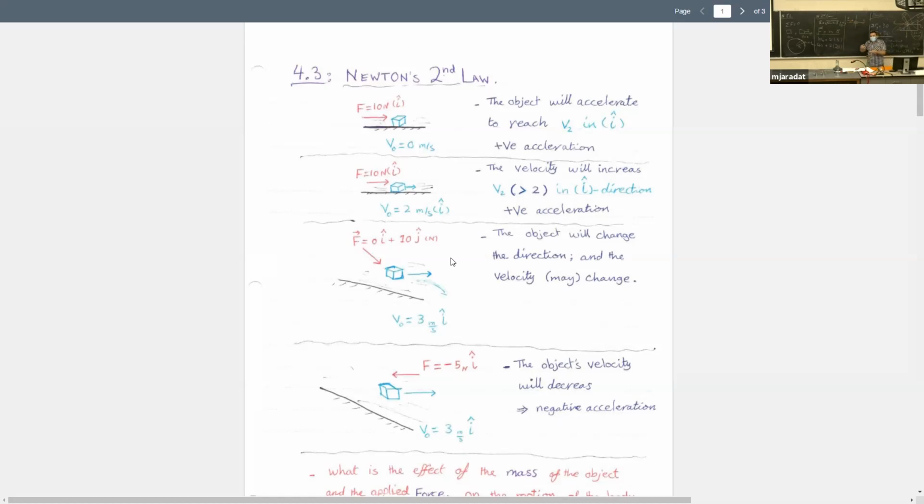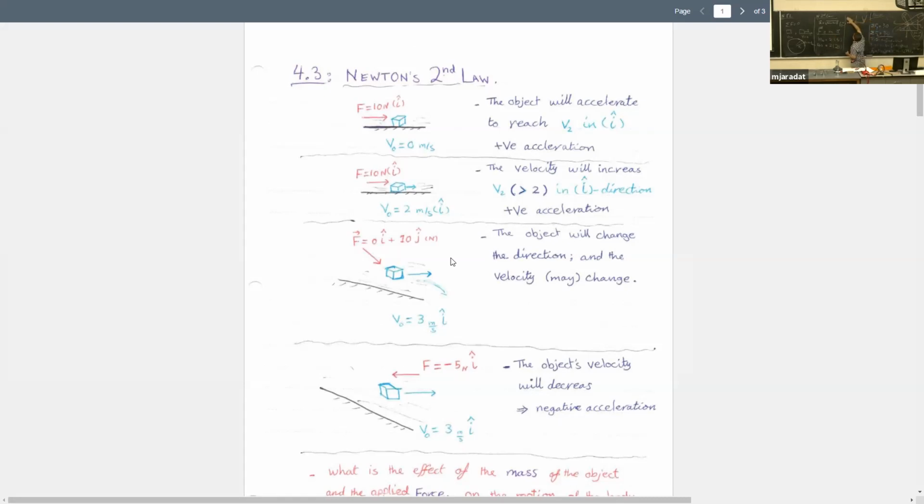It will be bigger. If you are moving your car with a velocity of 10, 20 miles per hour and give it more power, you make the engine give the wheels more force. Then the car will start to accelerate and its velocity will be bigger. If I give it the force in the same direction, then the velocity will be bigger.